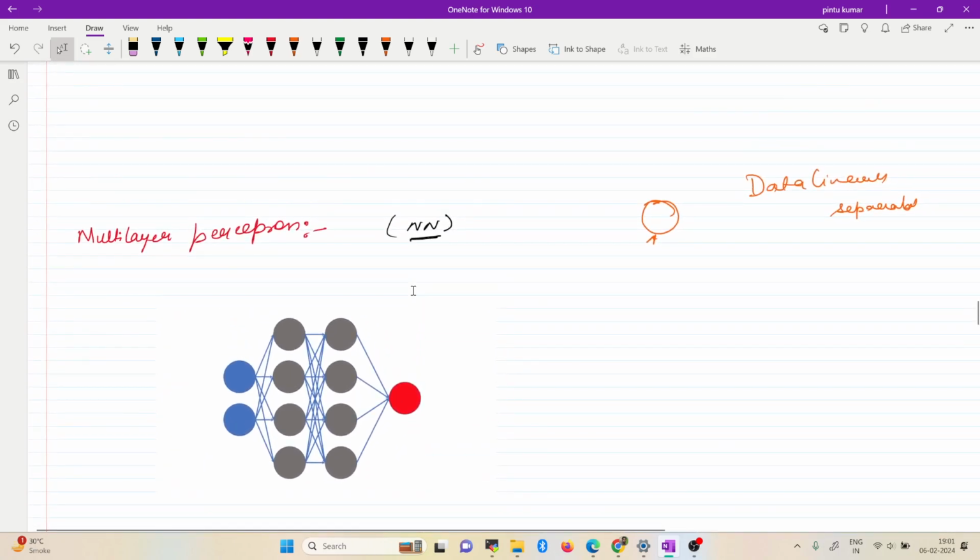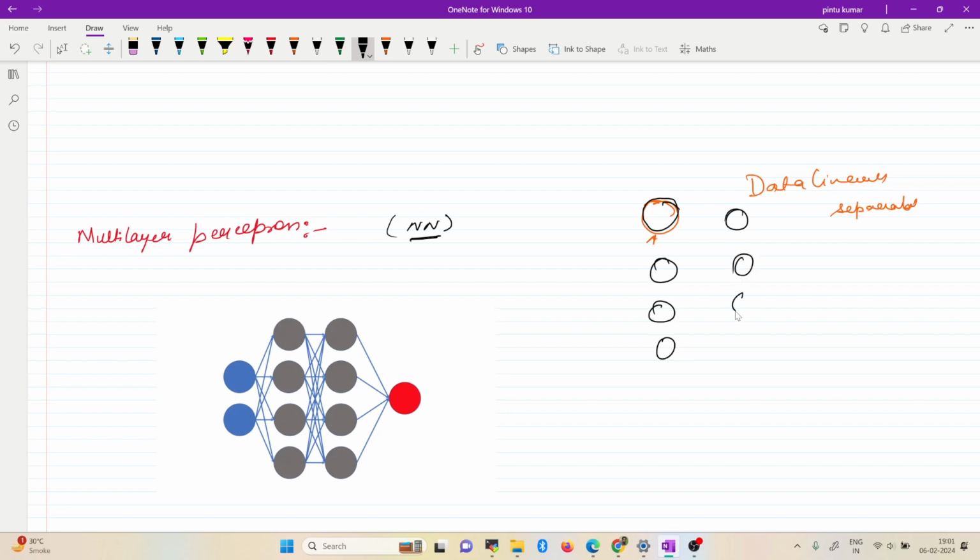Rather than having a single perceptron, we can have a bunch of them and connect them to each other. Every neuron is connected to the neurons in the next layer. They are not connected with each other in the same layer, but they are connected to neurons in the next layer.